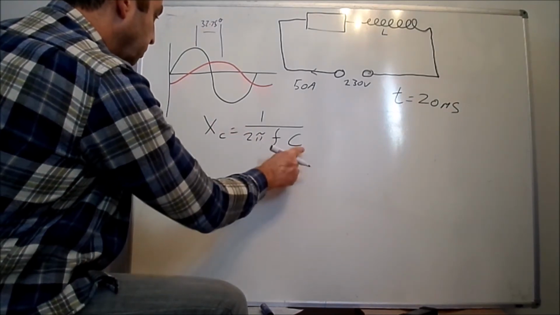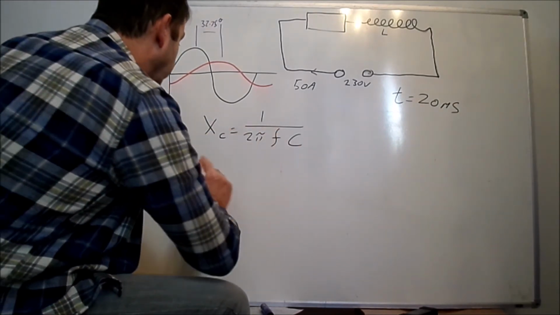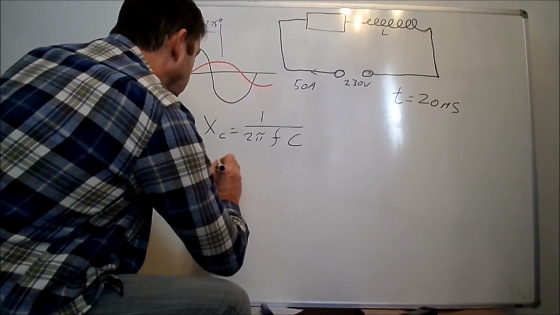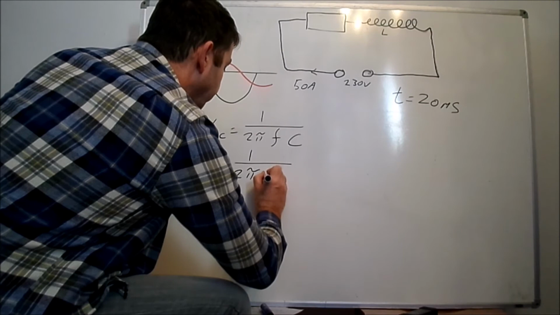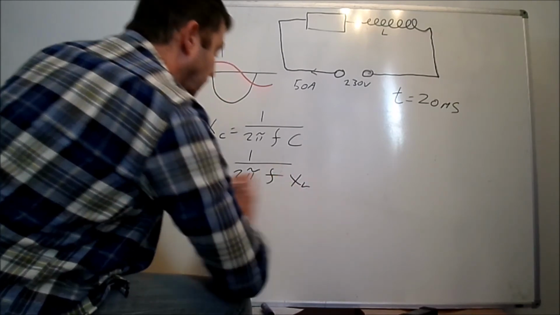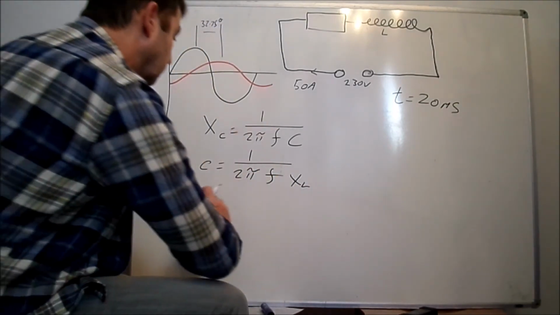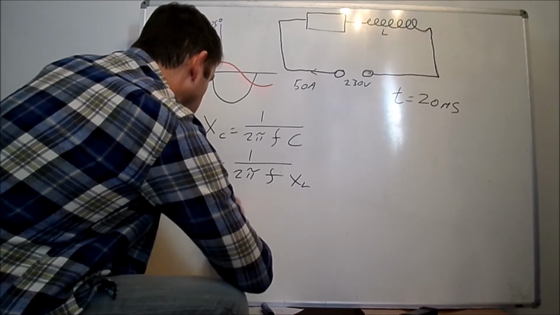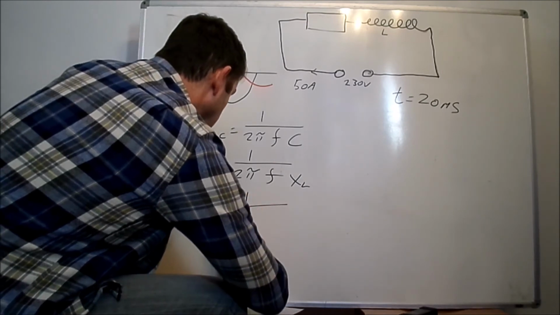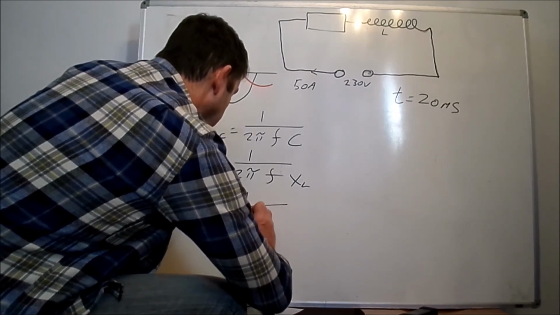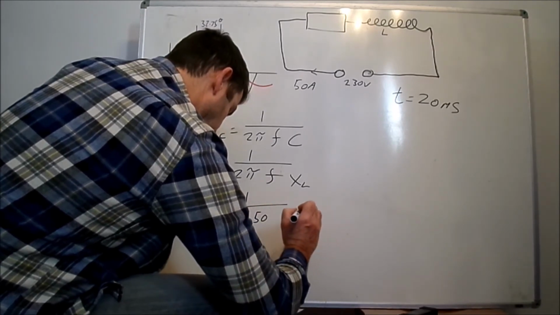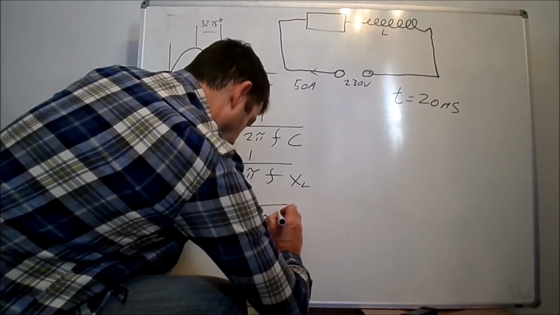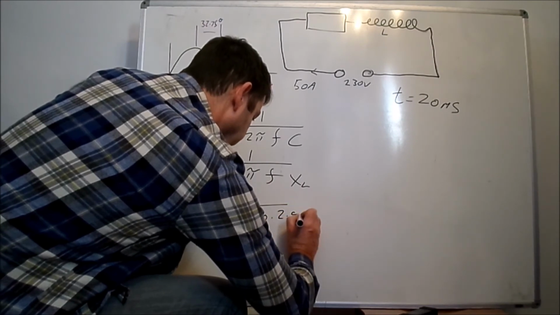So we're going to swap those, pardon me, so we could say C is equal to 1 over 2 pi F, and the value of XL that we want to cancel out. So we can say C is going to be 1 over 2 times pi times 50, and the value XL is going to be times 2.95.